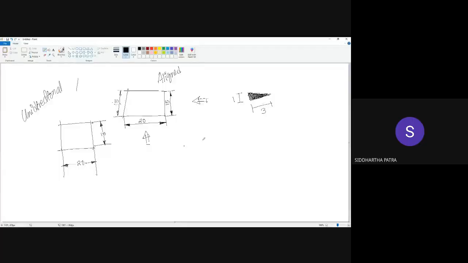Okay, so imagine I'm dimensioning a circle, and I want to show the diameter. So this is the center.